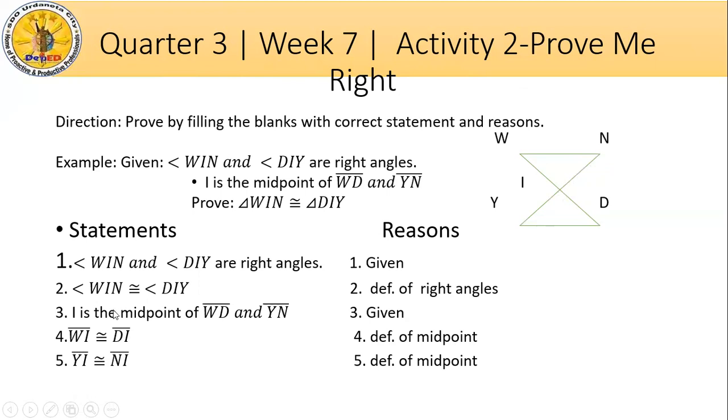Now, we already have two given parts that are congruent, including the right angles. So, what part of the triangles are these? Okay, so therefore, triangle WIN is congruent to triangle DIY by LL congruence.